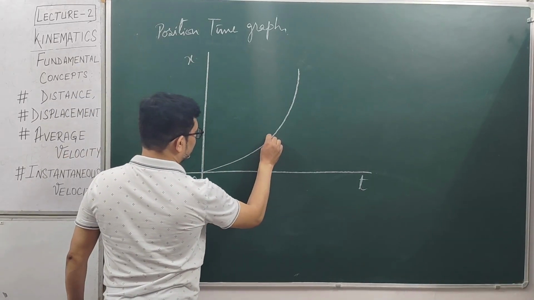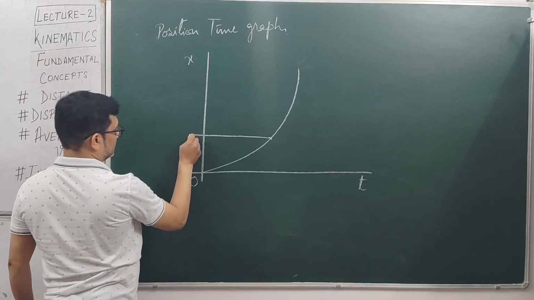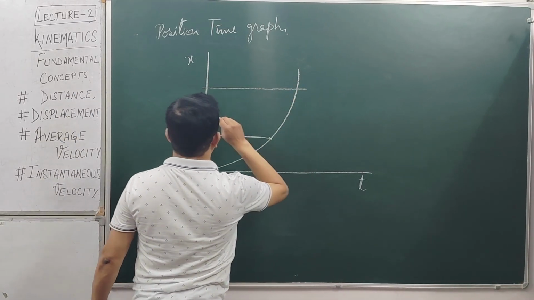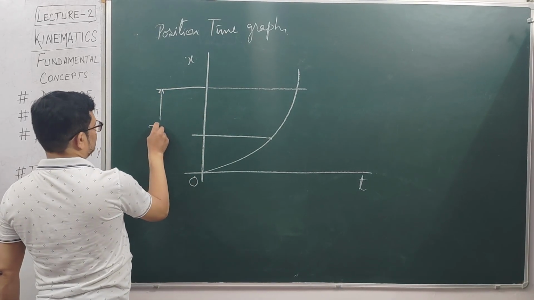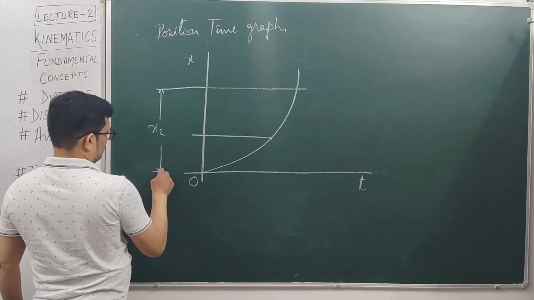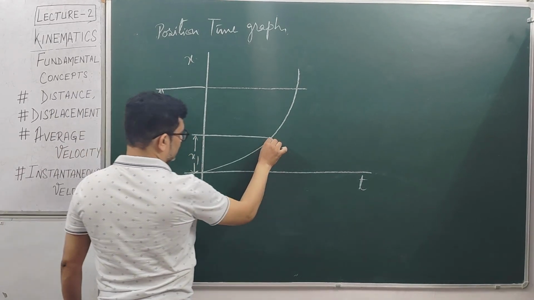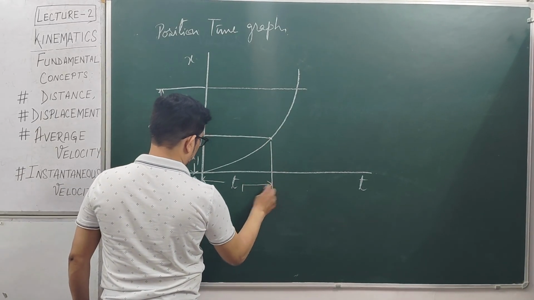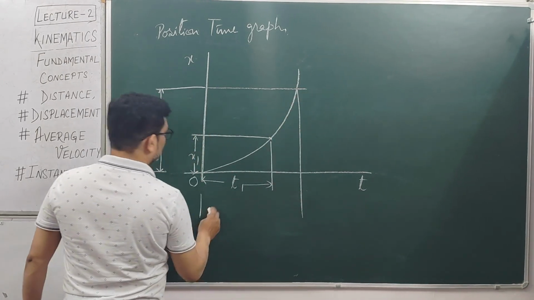And suppose at any instant of time here, this is one position in the path and this is another. Suppose this is x2 and this is x1. Correspondingly, this is t1 and the corresponding time for the other position.